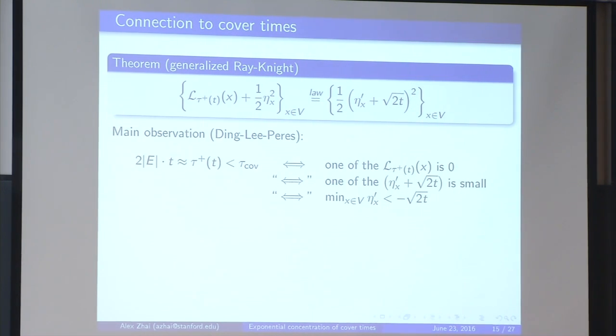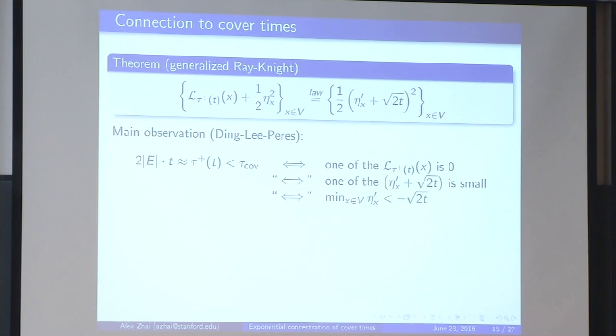So if one of these left-hand sides is small at some vertex x, then there has to be some vertex x where eta prime sub x is close to negative root 2t, so that's what I mean by this minimum here.